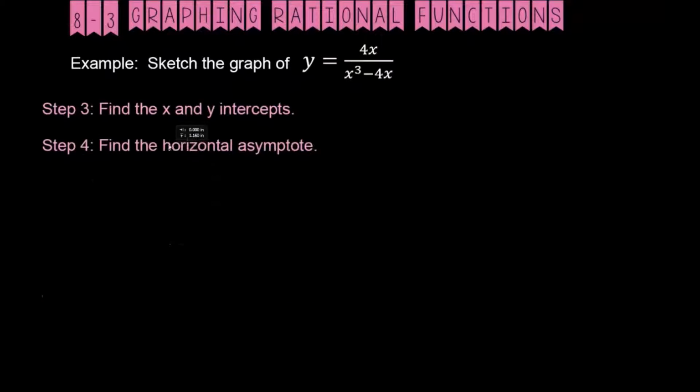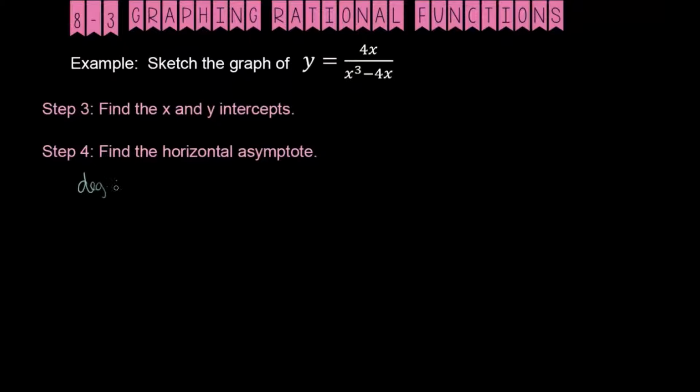So let me scooch this up a little bit. So step 4, we want to find the horizontal asymptote, if any. So what I'm going to do then is find the degree of the numerator and compare it with the degree of the denominator. So the degree of the numerator is equal to this guy here, which is an understood 1.